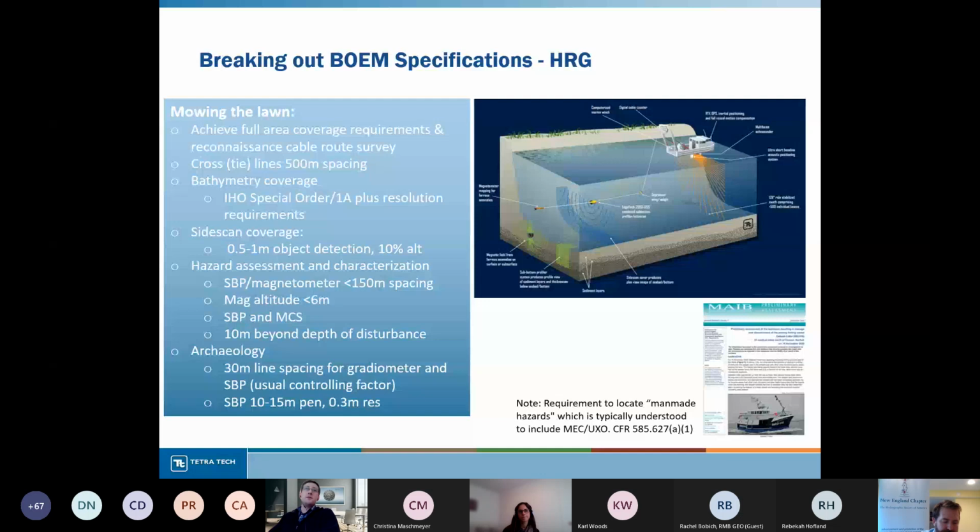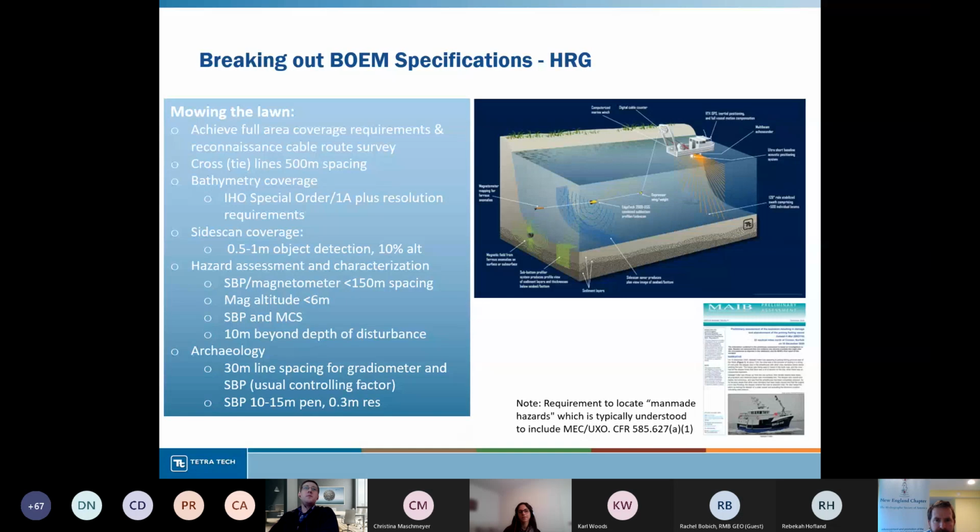There's a requirement to both mow the lawn and throw in some tie lines. One of the key drivers people from this group will presumably be interested in is the bathymetry, which is basically IHO special order or 1A, depending on water depth. Unfortunately, it looks like the latest BOEM guidance missed the update to the S-44 standards there.